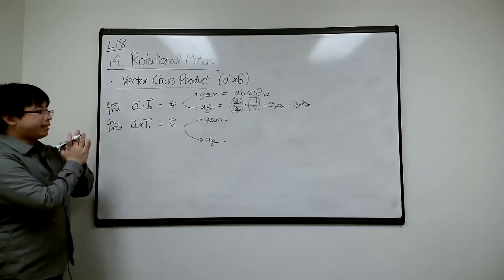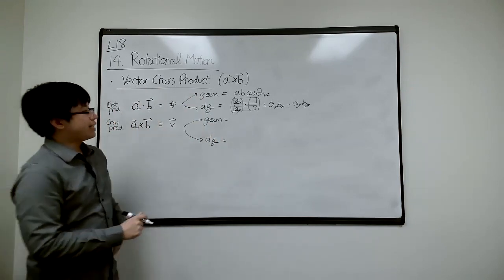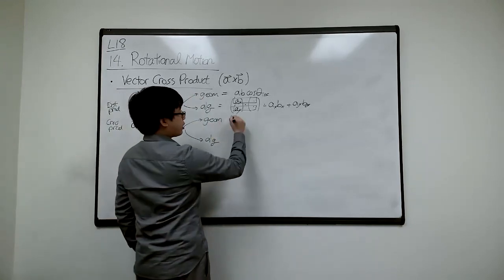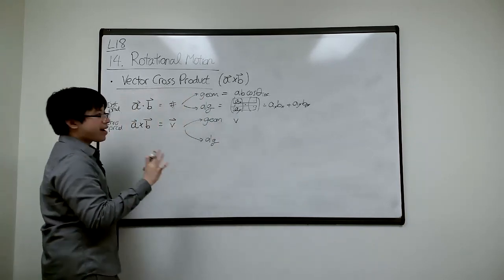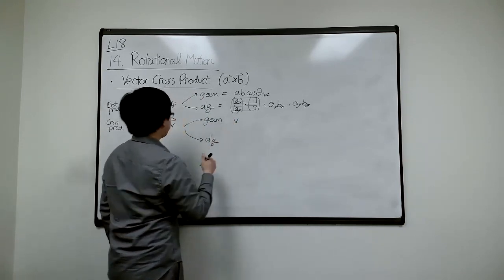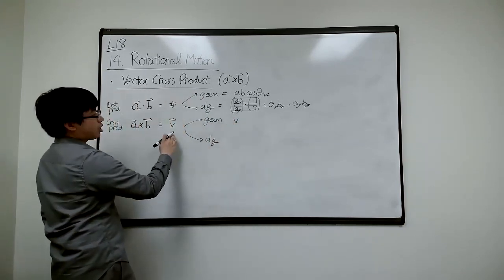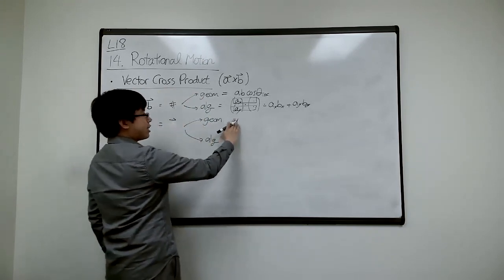But I want to be very careful about the result of this. So the geometric way gives you a vector, the magnitude of the result, okay. Should I call it C or should I call it V? Let's call it C, right?